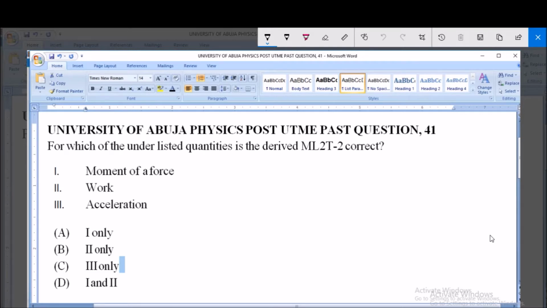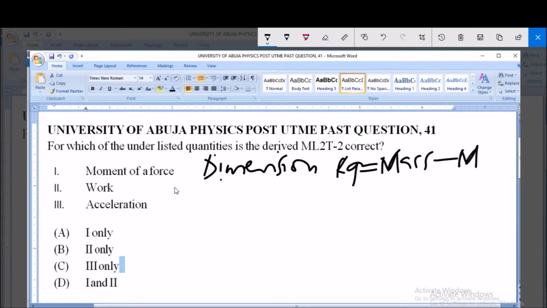In dimensioning, you should take note that your kilogram is for mass and the dimension is M. Your length, your meter, is represented by L, and your time, the second, is represented by T. So now we find the dimension of these quantities and we look for the one that has ML²T⁻² as its dimensions.